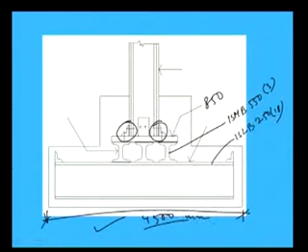Now, the remaining part of the previous lecture I would like to complete as we have time. Last day we discussed the design procedure of the gusset base, and the example we discussed in the last lecture we will solve now.